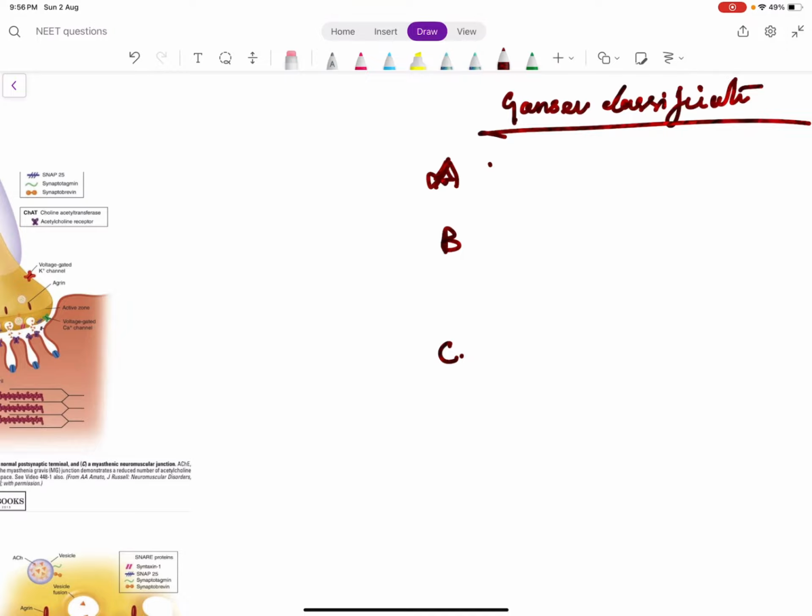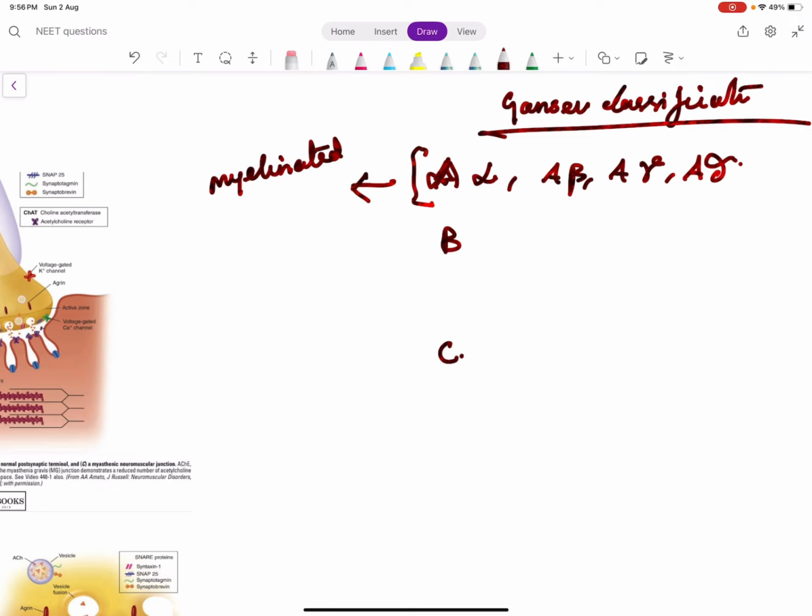A fibers will be A alpha, A beta, A gamma, A delta. A are thick fibers. They are thick because they are myelinated. A fibers are heavily myelinated. B fibers are thinly myelinated. C fibers are non-myelinated.